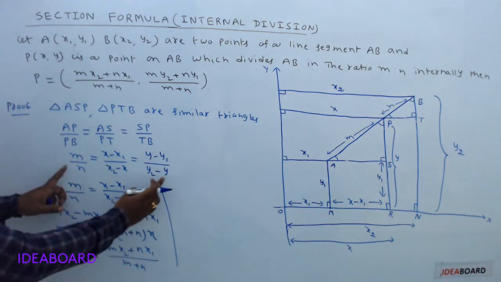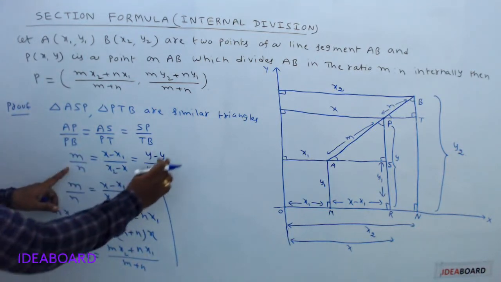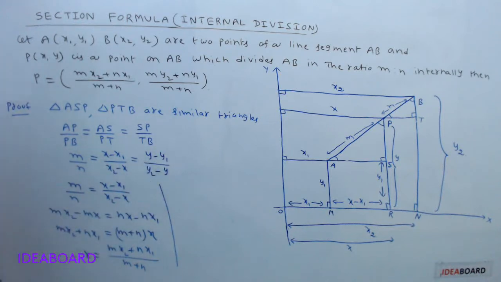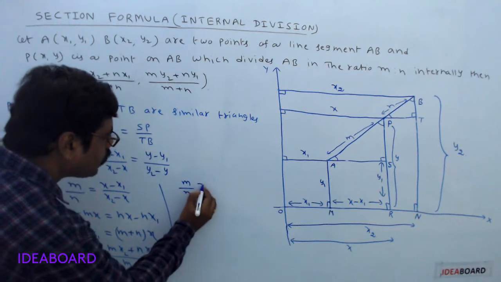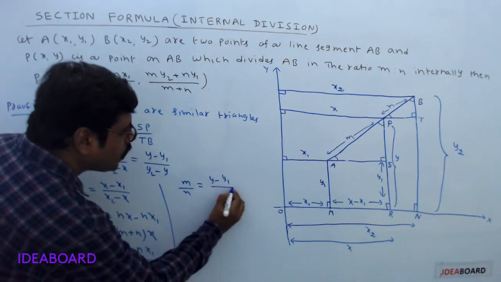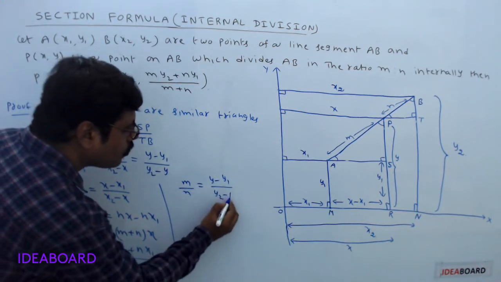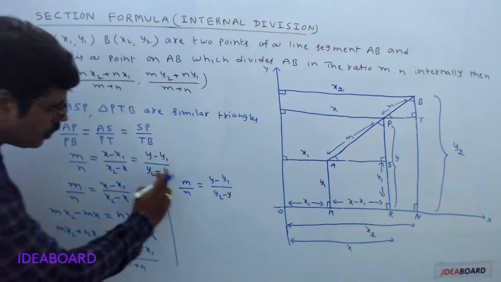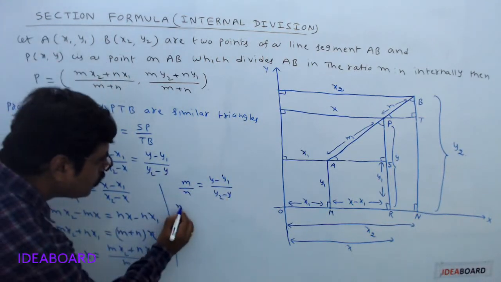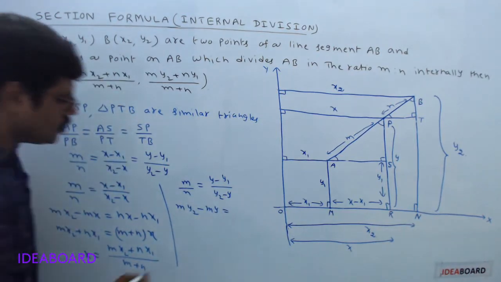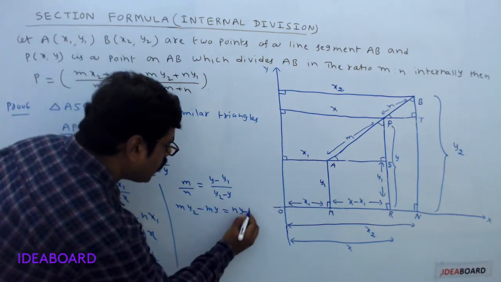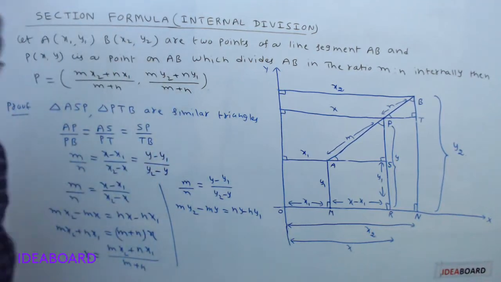Next, equating these two, m by n and y minus y1 divided by y2 minus y. That is m divided by n equal to y minus y1 divided by y2 minus y. Now do the cross multiplication. my2 minus my equals ny minus ny1.